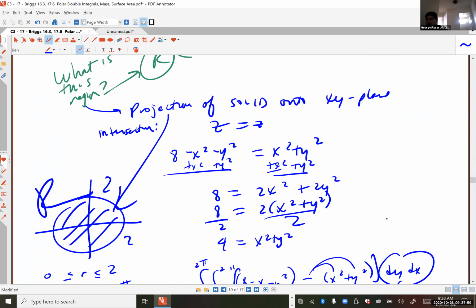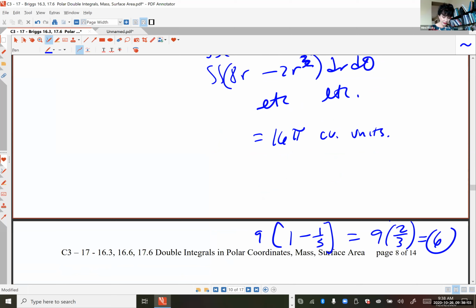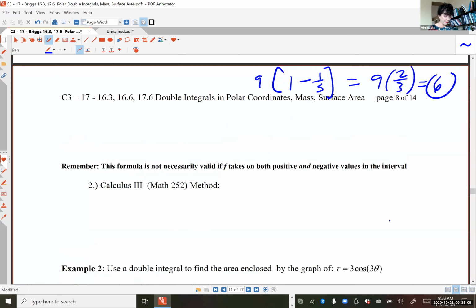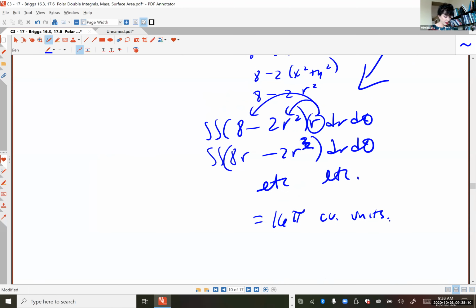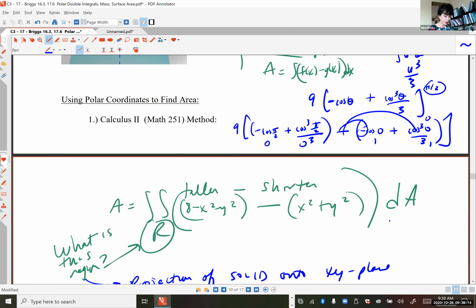Okay, so let's do one more polar and then we're going to do mass. Okay, what's the one more polar? Let's do a review of Calc 2. Yeah, we're going to do a review of Calc 2. So I know the last week of Calc 2 was probably a big blur for some of us because we were learning remotely.